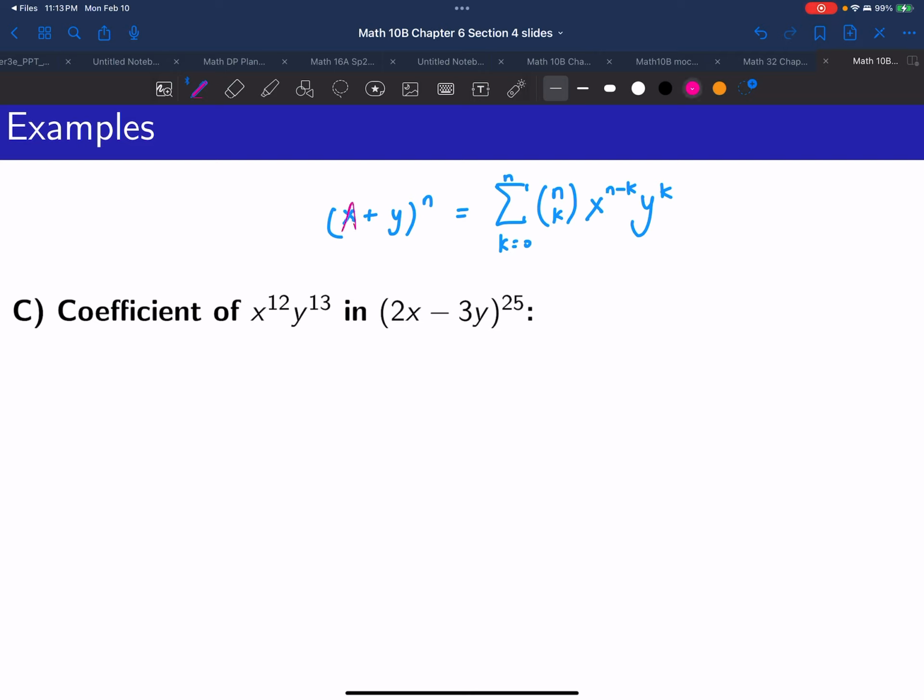What if I rewrite this as (a plus b) to the n? So everywhere I see an x, I'm going to replace it with a. Everywhere I see a y, I'm going to replace it with b. And now, if I have this as (a plus b) to the 25th power, a is going to be 2x, b is going to be negative 3y.